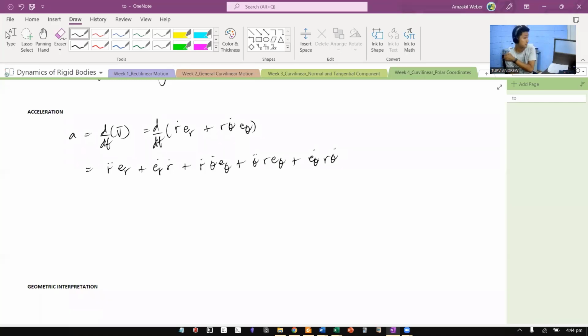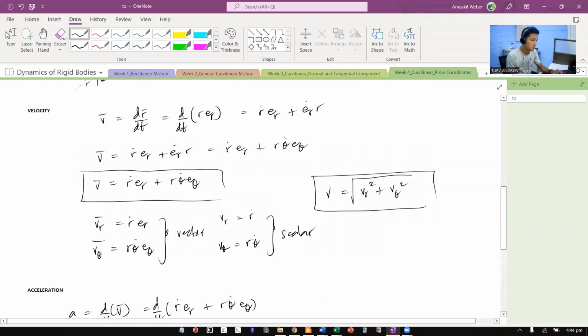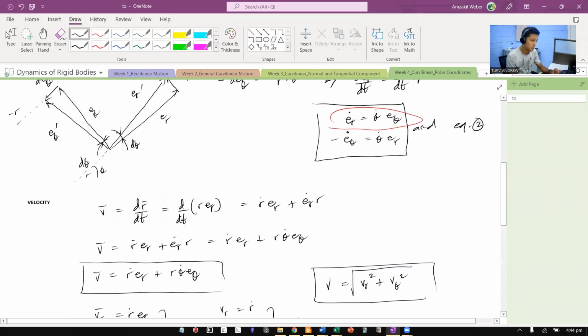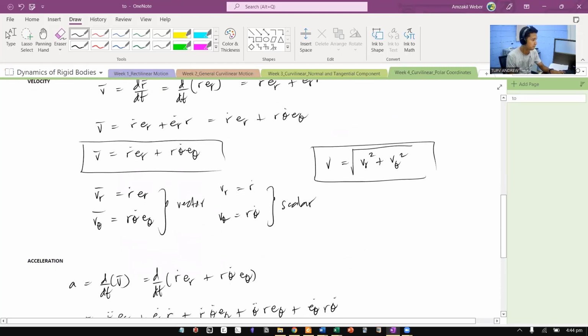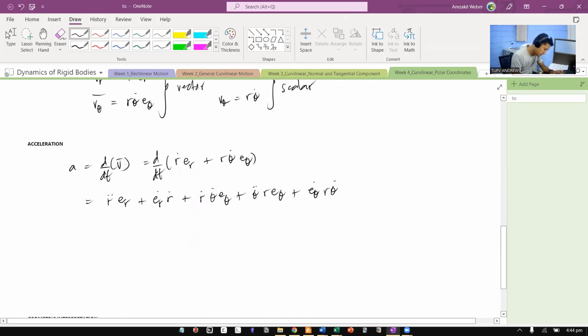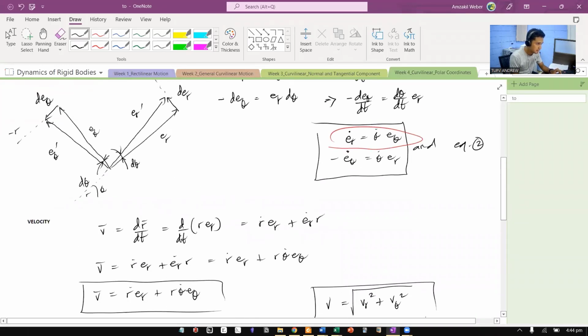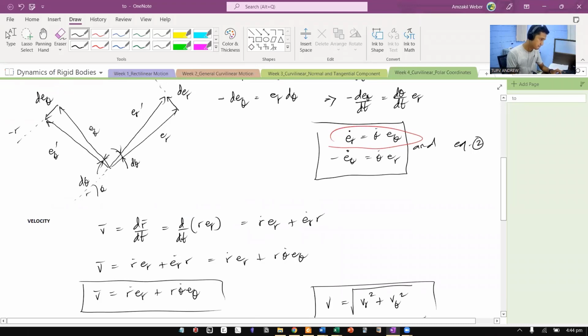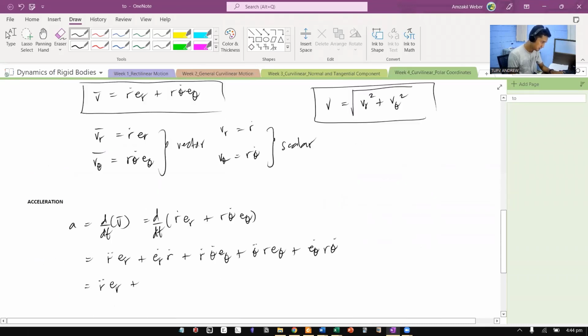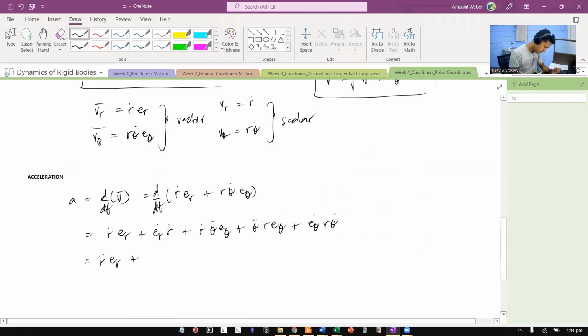Okay, let's simplify by substituting these equations for e_r dot and e_theta dot. Whenever we see e_r dot and e_theta dot, let's substitute. You know that e_r dot is theta dot e_theta.